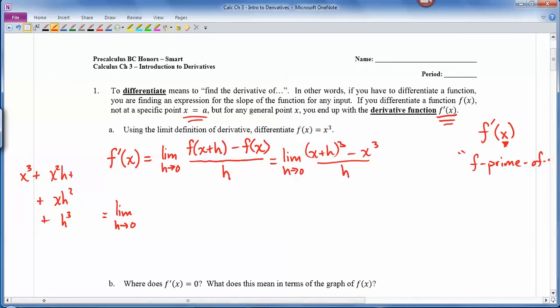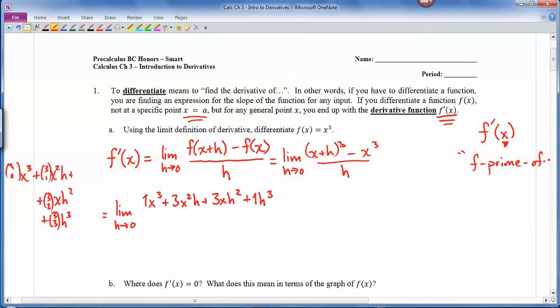Those somethings are 3 choose 0, 3 choose 1, 3 choose 2, 3 choose 3, if you remember the binomial theorem. All that works out to 1x cubed plus 3x squared h plus 3xh squared plus 1h cubed.